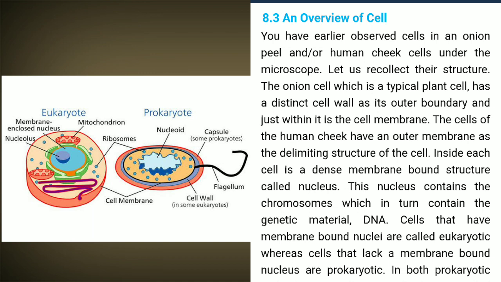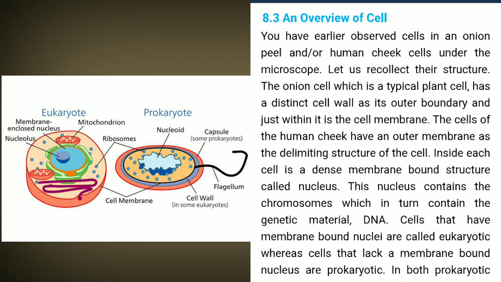When the cell possesses a true membrane-bound nucleus, then it is called a eukaryotic cell. Here the meaning of eukaryotic is true nucleus.